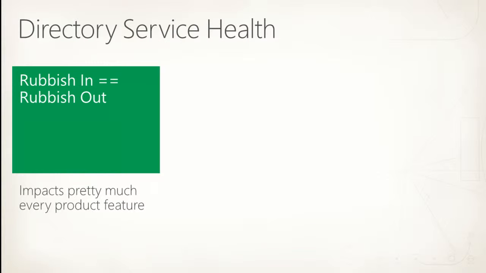Our directory service health is fundamental to what we end up with in SharePoint. If we have bad data in AD, we're going to have bad data in SharePoint, and our people search is going to fail, right? Our social distance will fail. Any kind of intelligent decisions made by the system on our behalf will be weak.